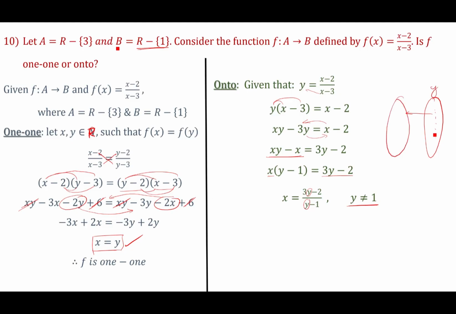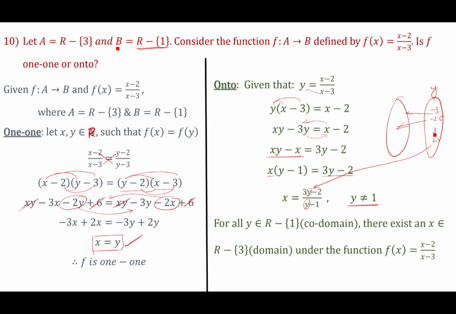So this is y. If I plug in any real numbers, negative 3, negative 2.5, or positive 3 or positive 2.5, any values, if I plug in here in place of y, I am getting a pre-image.